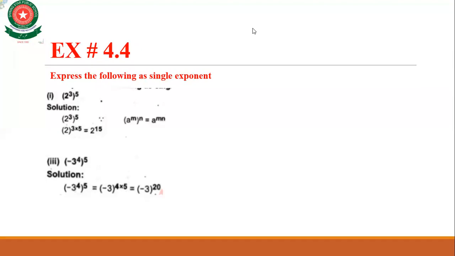According to the rule, when we solve it, the expression will be 2 power 3 multiplied by 5, which means m cross n. Multiplying 3 into 5, we get 2^15.